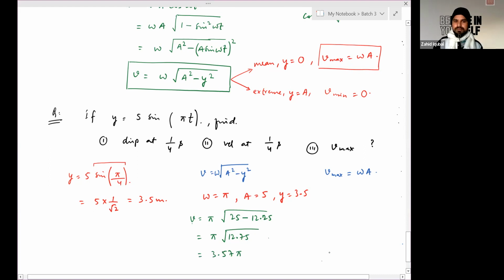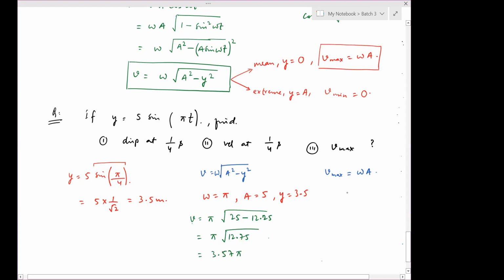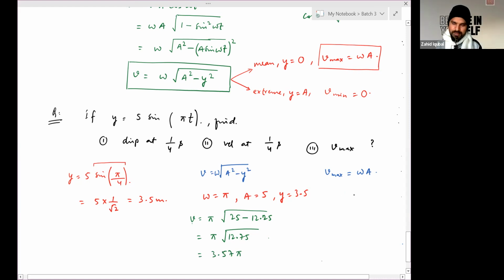Abhinav, any doubt? No doubt, sir. So in the last part, omega is just pi and amplitude we have 5.